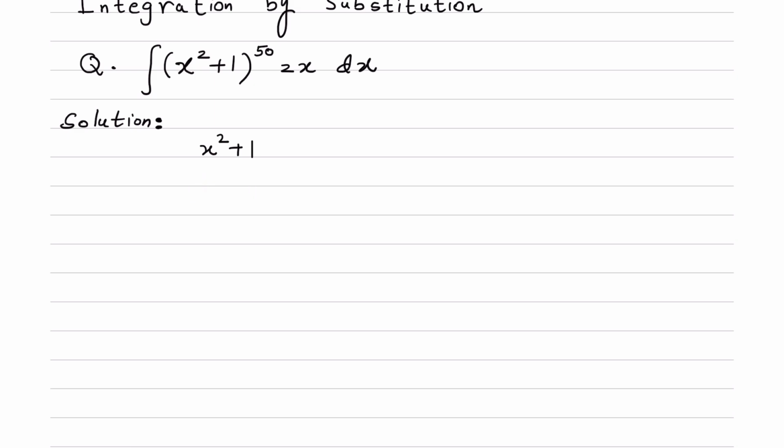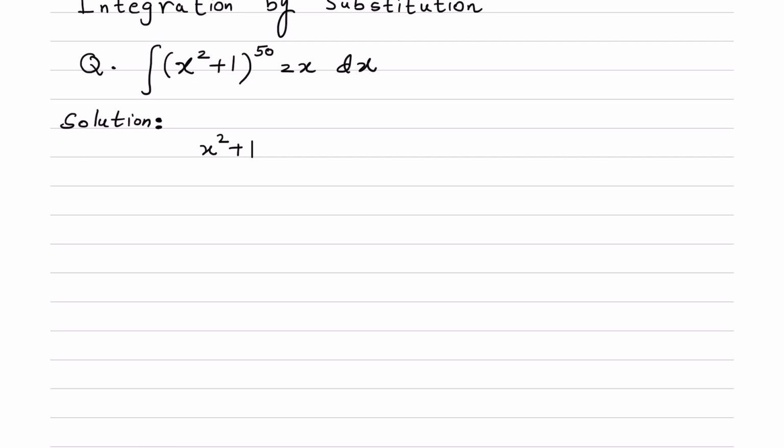So the general rule to pick an expression such that its derivative is also there is that if you see inside the integral sign a complex expression, pick a tiny part of this complex expression, put this thing equal to t, but that tiny part should have its derivative also inside this integral.